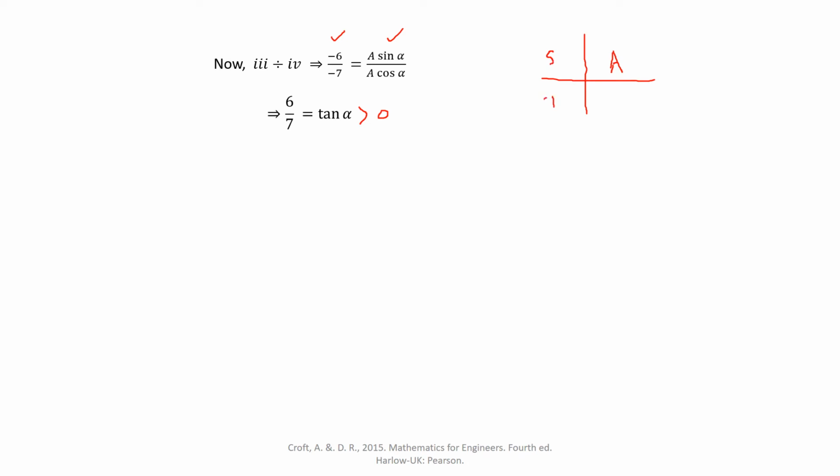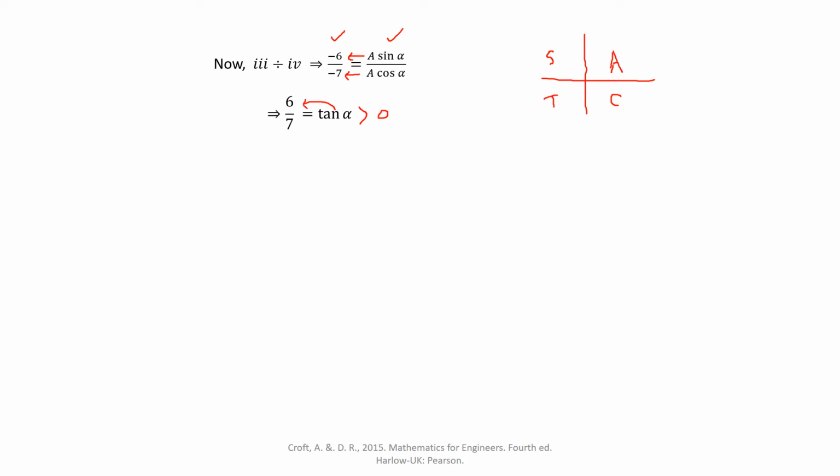Here tan is positive and its reciprocal cotangent is positive, and here cos and its reciprocal secant are positive. We know sine was negative, cosine was negative, and now tan is positive.